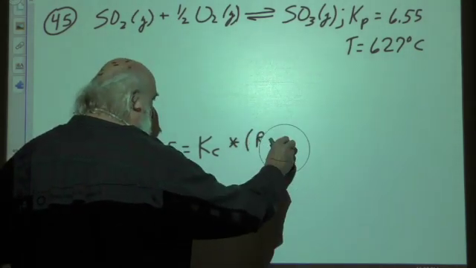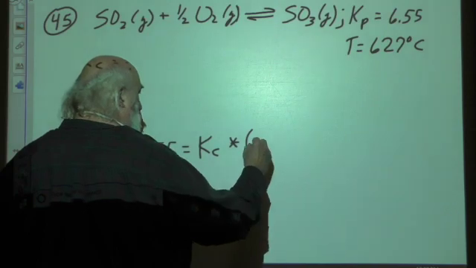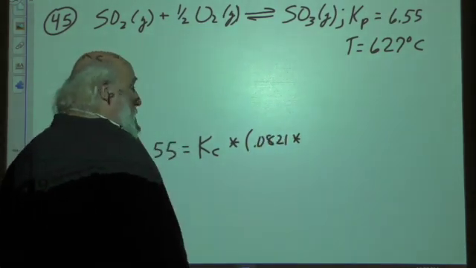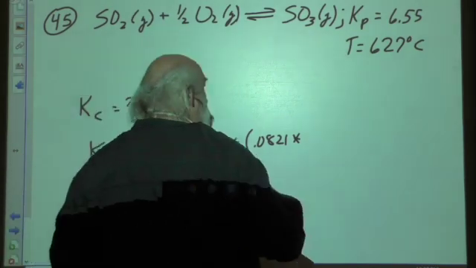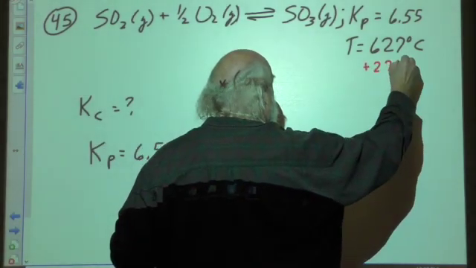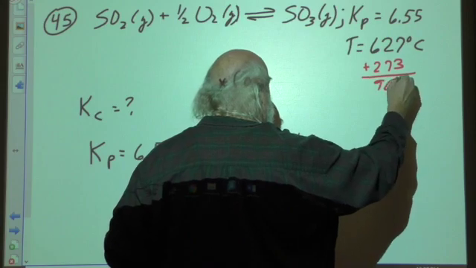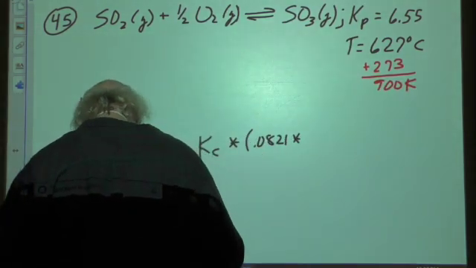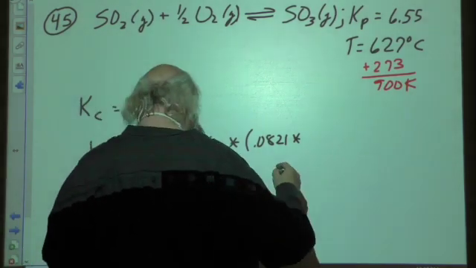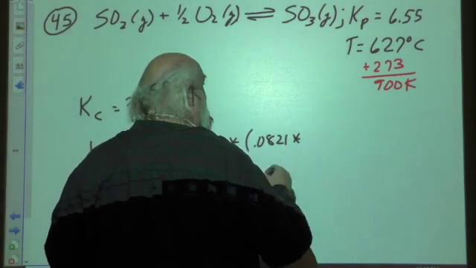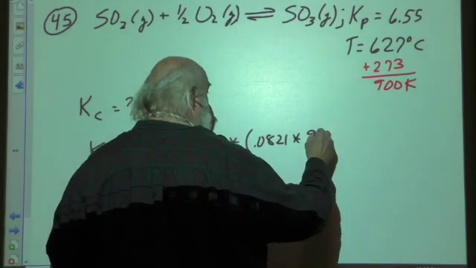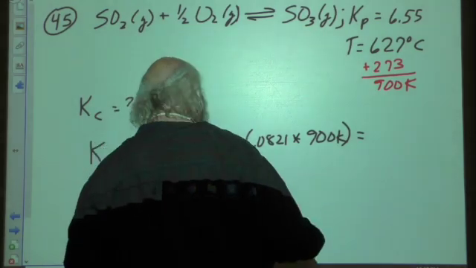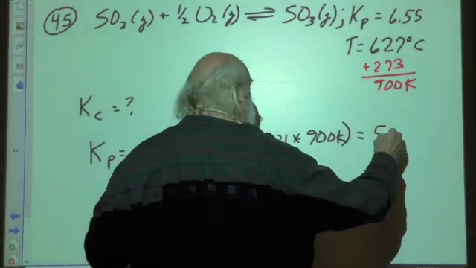Well, R, again, is 0.0821, and the temperature, well, it's 627 plus 273, which is 900 K. And we get 56.3 when we do the math on this.